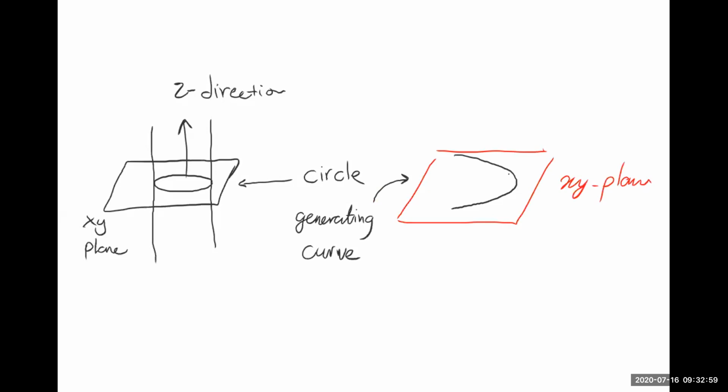And then I have a direction. If I move this curve in that direction, again I would get a surface. That's how this surface is going to look. Does it make sense?